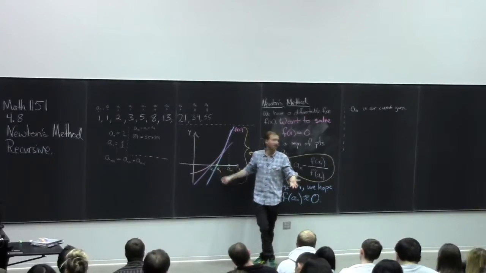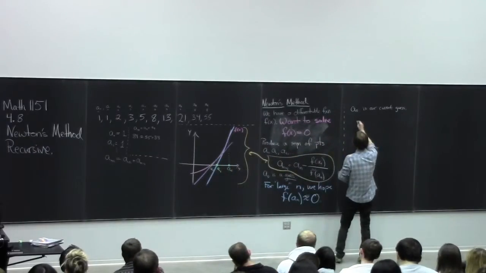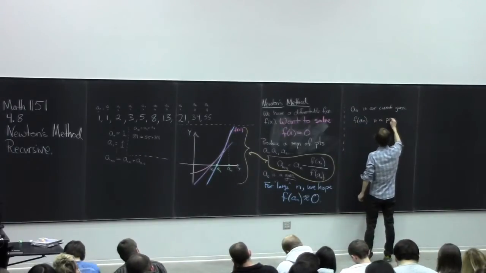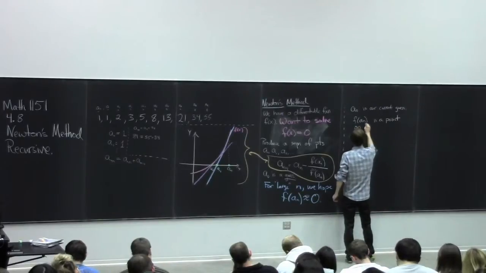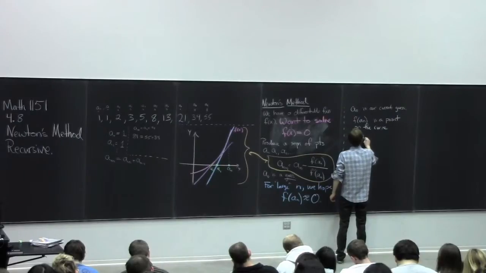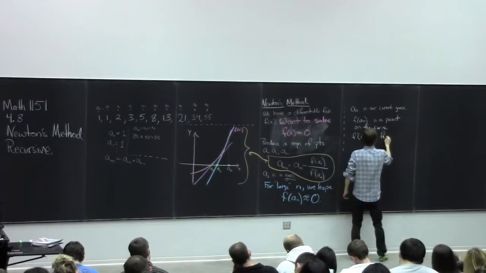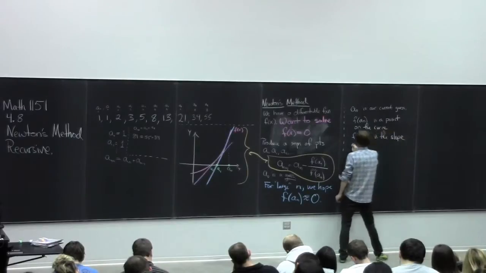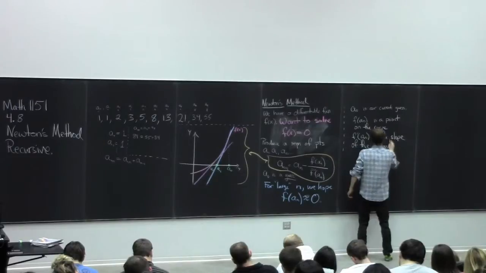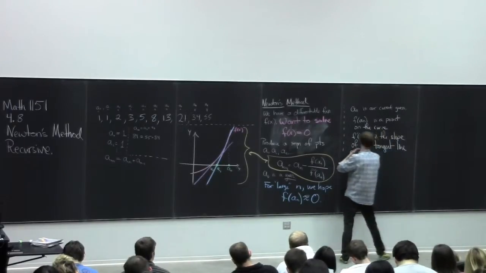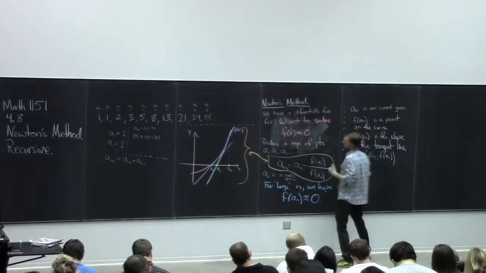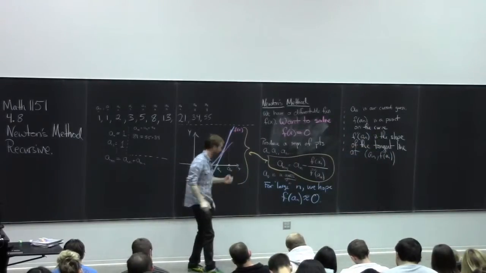So f prime of, okay, so this is our current guess. f of a sub n is a point on the curve. f prime of a sub n is the slope of the tangent line at a sub n comma f of a sub n. So I'm just saying that this is the slope of this tangent line here.